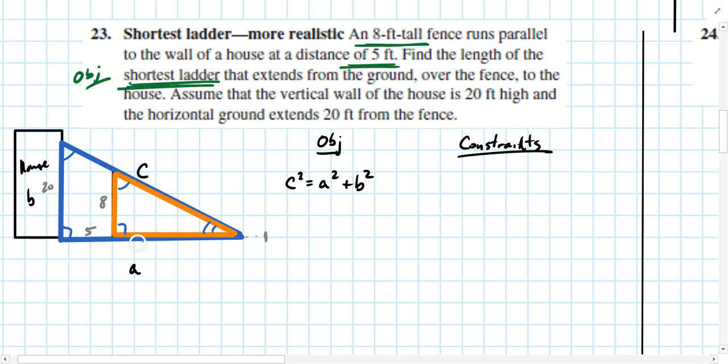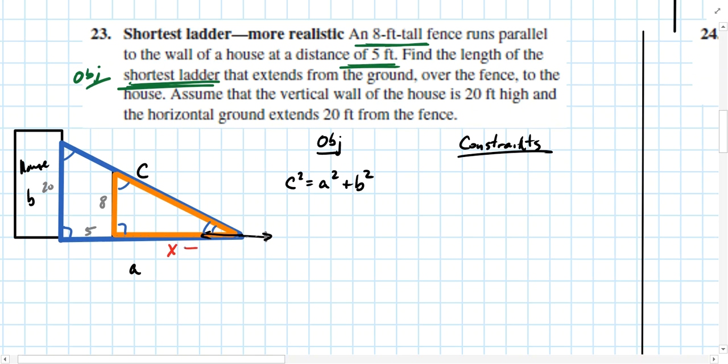And so what we don't know for certain is the position where this ladder is going to rest on the ground. And since this position could slide in either direction, to find the shortest ladder length that still meets the requirements, I'm going to call the distance between the fence and the base position of this ladder X. I'll choose a different color just to make that stand out a little bit.